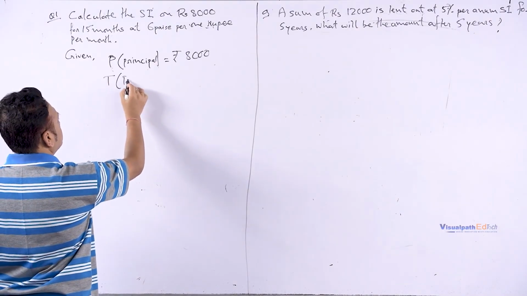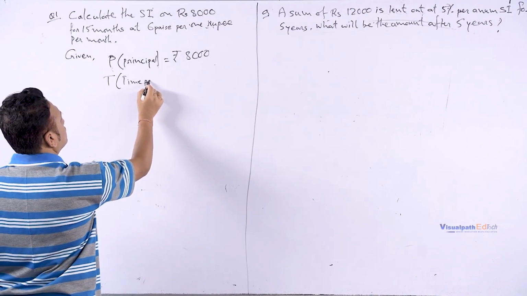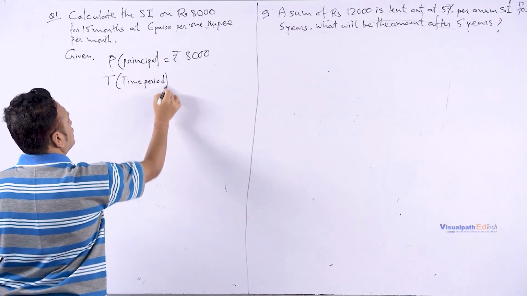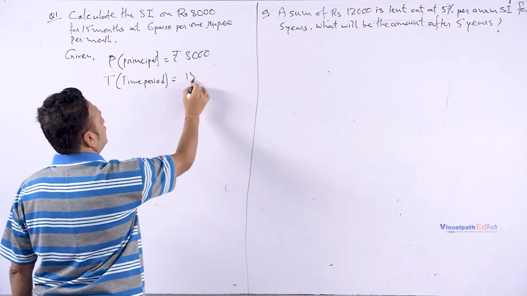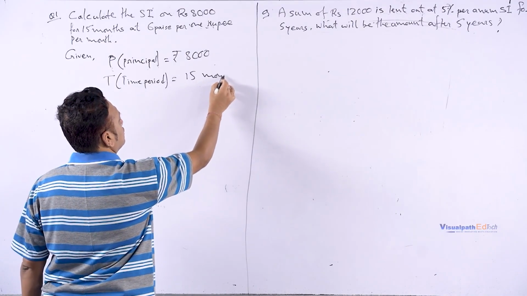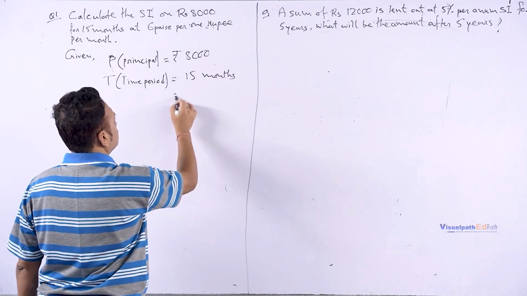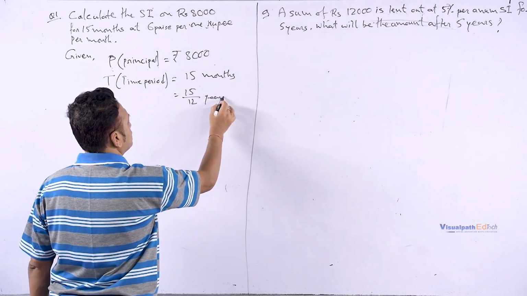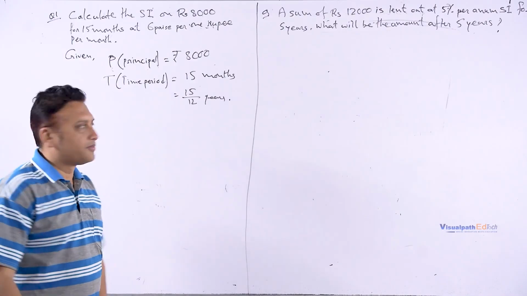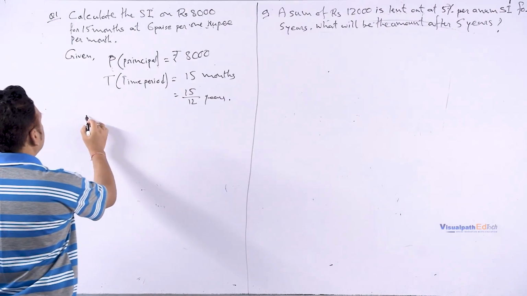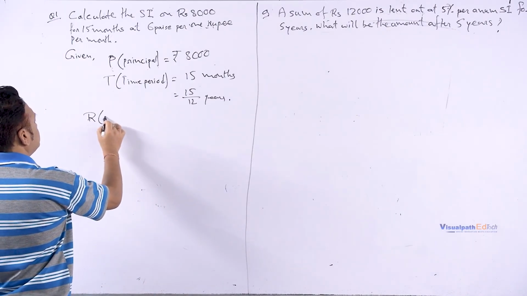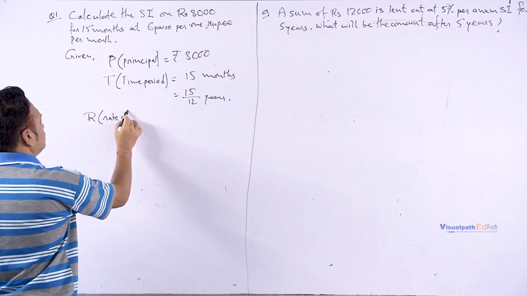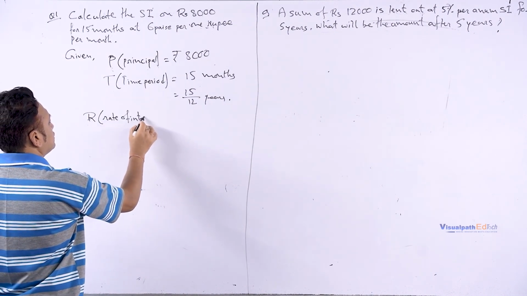Then we have T. T is the time period. Time period is given 15 months, which is equivalent to 15 upon 12 years. So, this is converted to years. The next one is our R, the rate of interest.